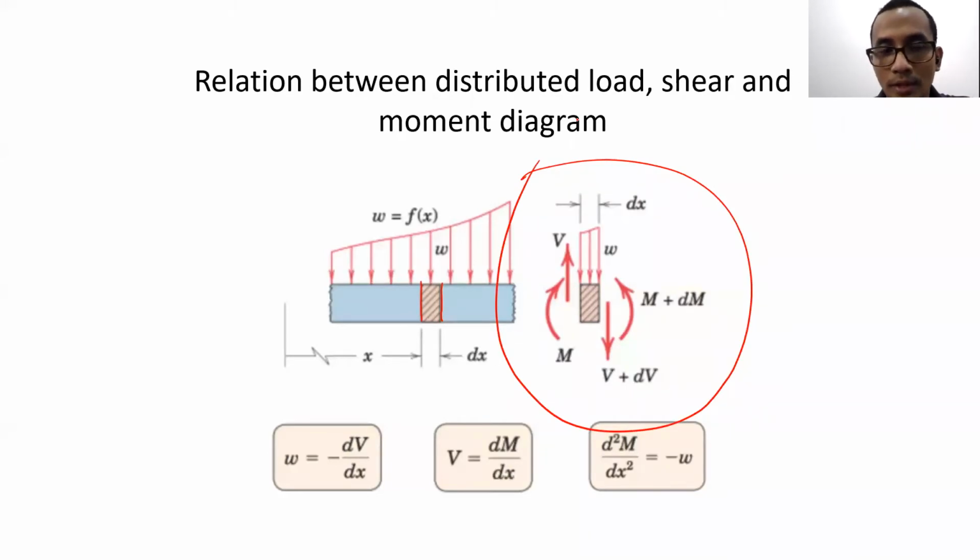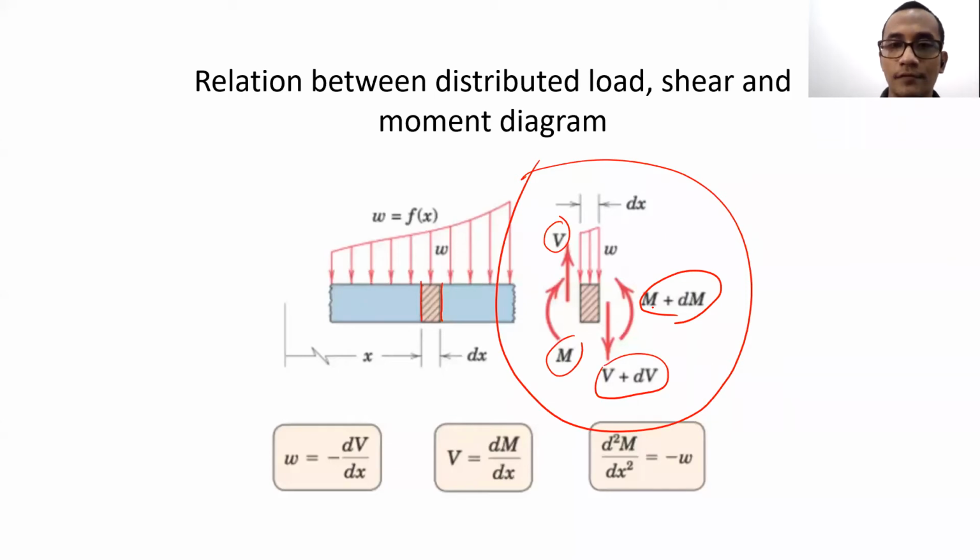On the left part of the section, there will be a shear force like this and moment like this. And on the right part of the section, there will be shear force as well and moment as well.